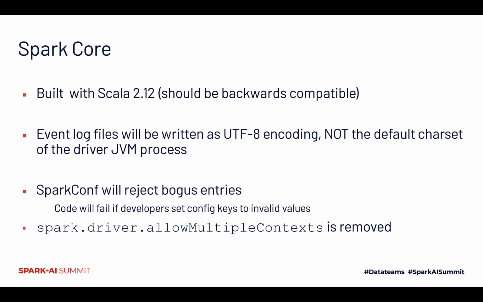Now, this is only going to impact you if you had invalid config files in Spark 2. You move to Spark 3, you're going to discover that you had an invalid config file, and you're going to get an error where you didn't before, but you should be fixing that problem anyway. So this is one of those cases where even though you'd have a portability issue moving to Spark 3.0, it's a good one. It's telling you to fix your mistake. We like that.